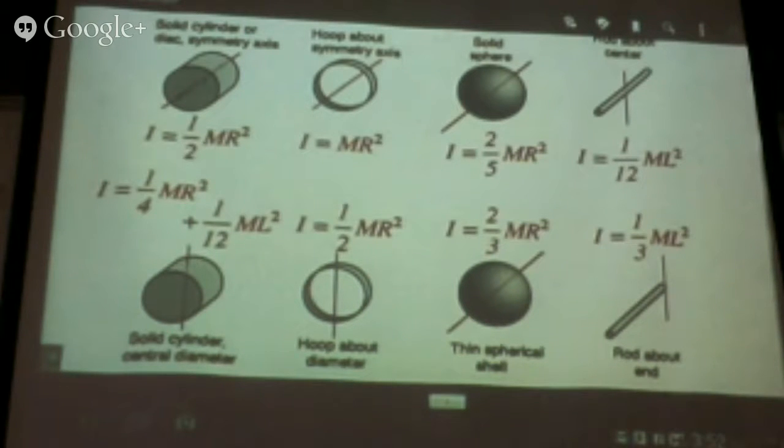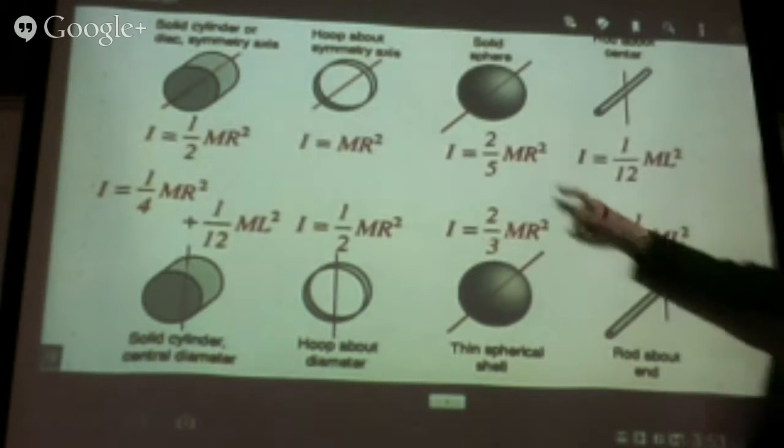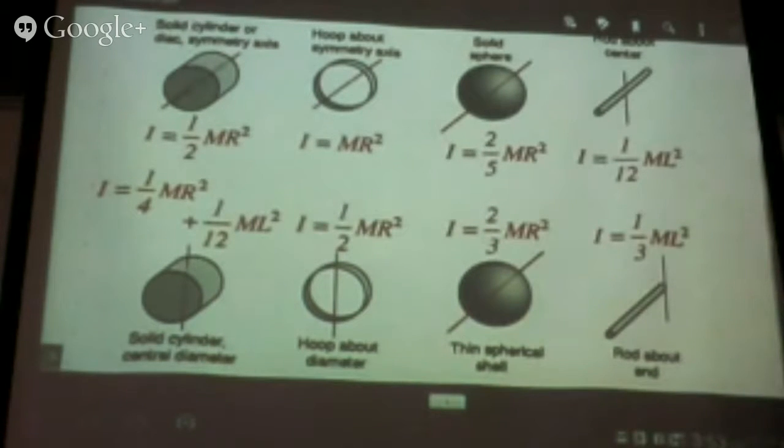And since there's lots and lots of atoms, they do it more as atoms per space or mass per area or per volume. And they integrate that. So it's calculus stuff that gets us to these equations. We don't have any calculus requirement for this class. So if they want you to figure out, say, the rotational inertia for a solid sphere, they would just give you this equation, either in a table like this, or they would just say, hey, here's the equation for the rotational inertia for a solid sphere.